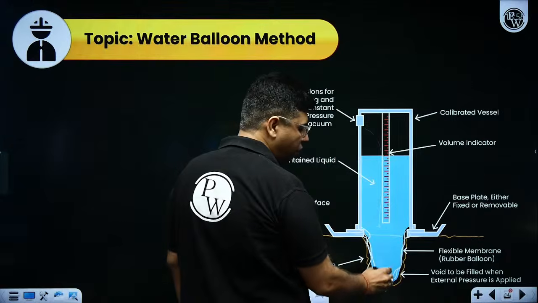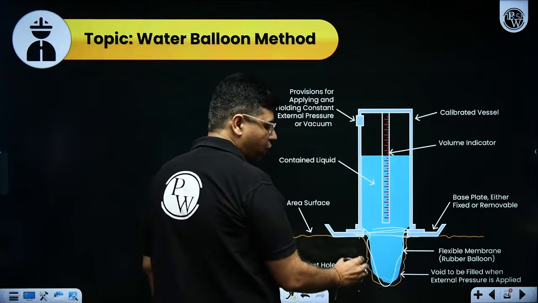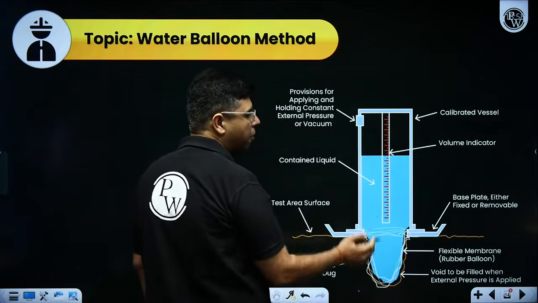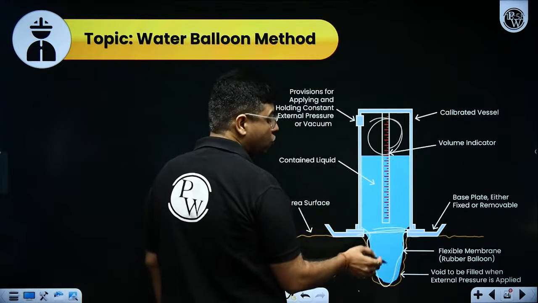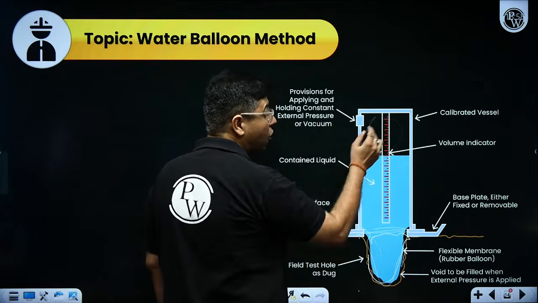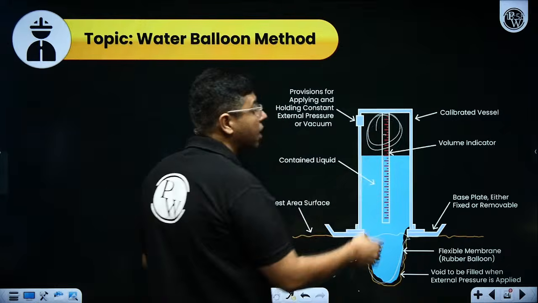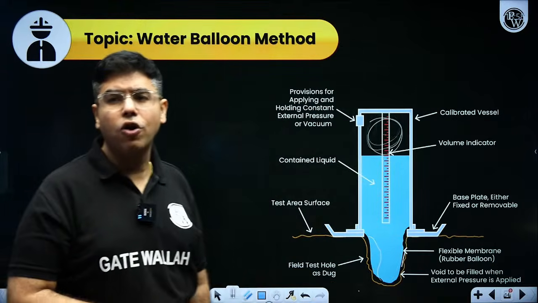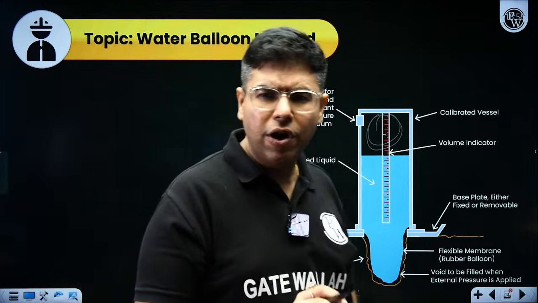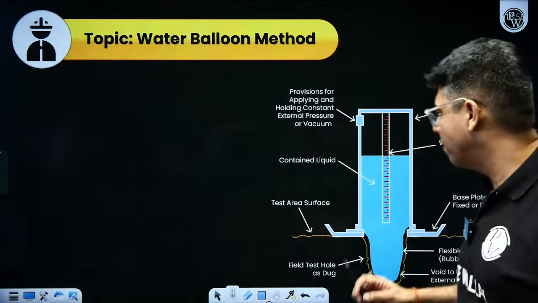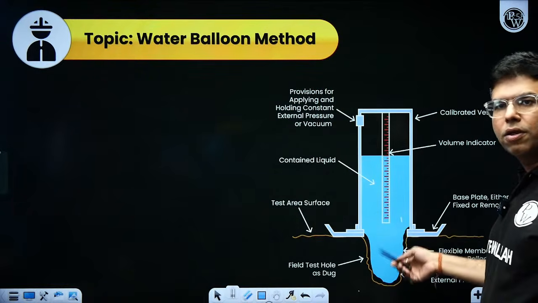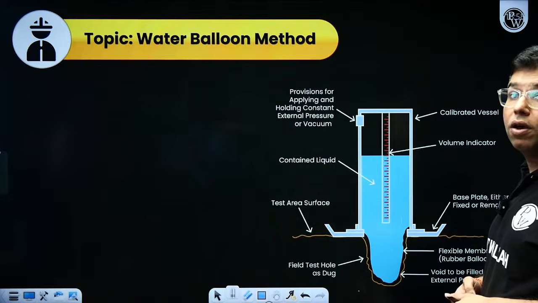Whatever volume of water is required for this membrane to take the shape of the pit will be recorded on this graduated scale, and this will give me the volume of the pit. Weight of the excavated soil is known, volume of the pit you can find out from here, and like this you can find out the gamma T.